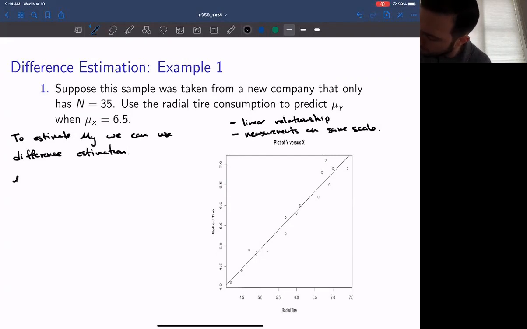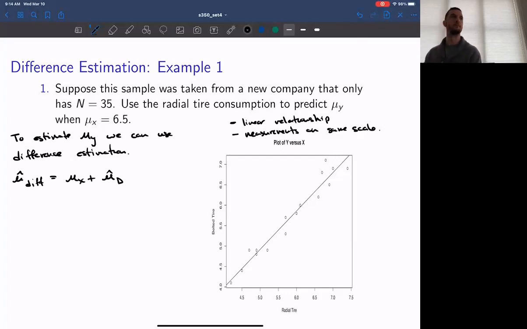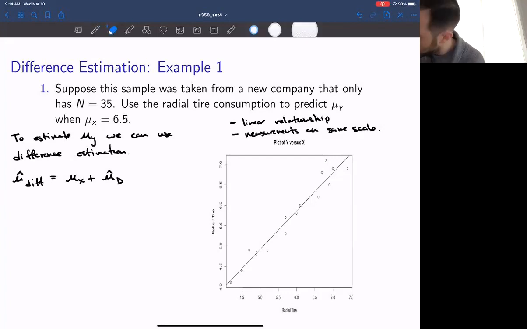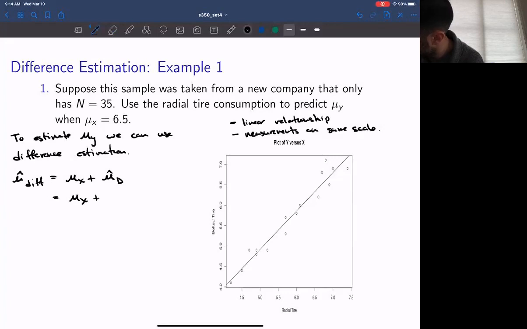So we're going to have mu tilde, well, I guess it'll be mu hat diff in this case because we're going to start plugging in. So mu hat diff is equal to mu x plus mu hat d. So this is going to be mu x plus mu hat y minus mu hat x.